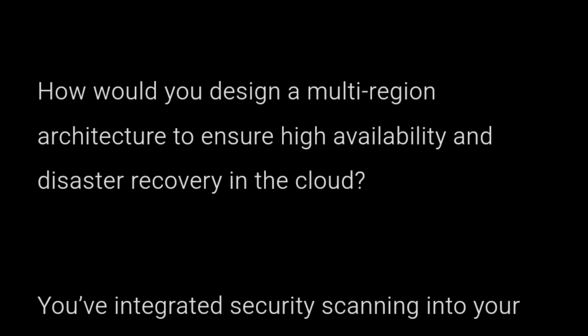And the next question was, how do you design a multi-region architecture to ensure high availability and disaster recovery in the cloud? Whenever it comes to disaster recovery, we make sure there is a multi-region setup. We can use AWS multi availability zone, where it will replicate.